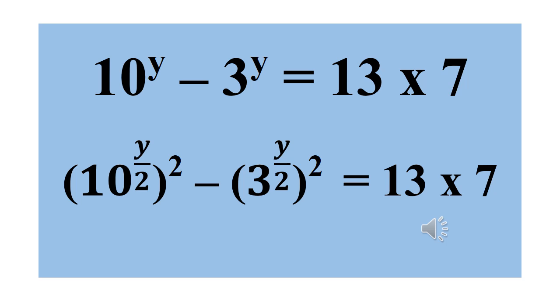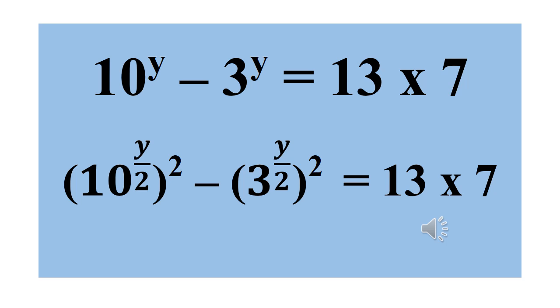So that means 10 raised to power y is equivalent to 10 raised to power y over 2 squared, because it will give us the same thing. Since the 2 will cancel the 2, what we have left is 10 raised to power y. Likewise, 3 raised to power y is equivalent to 3 raised to power y over 2 squared.